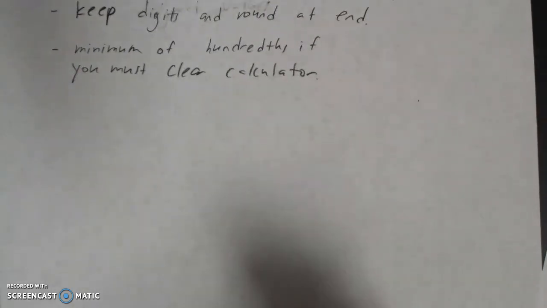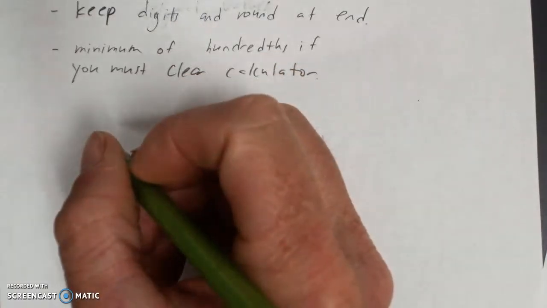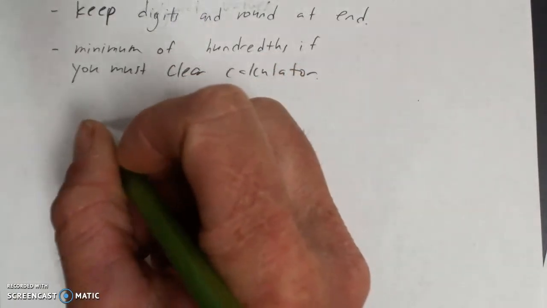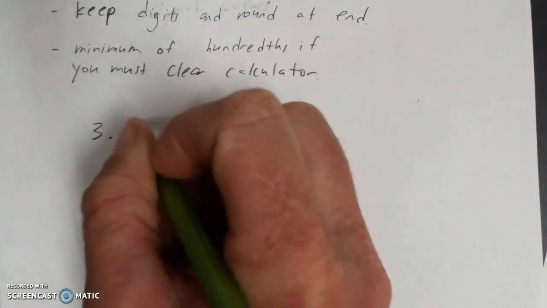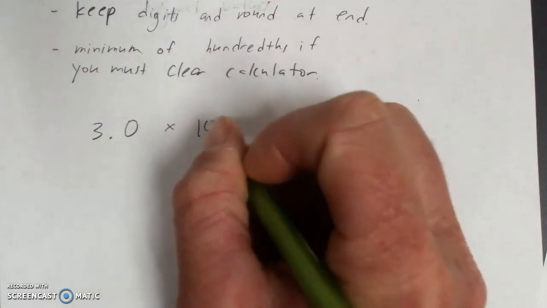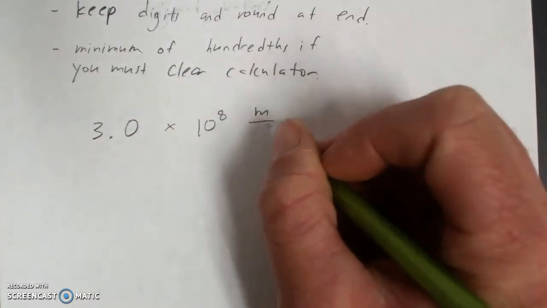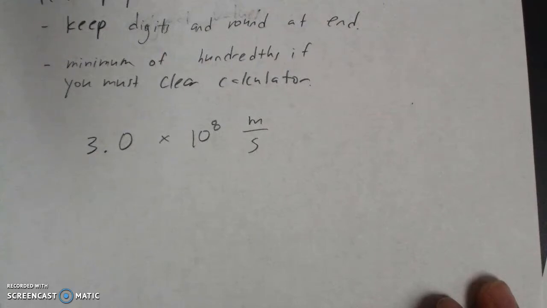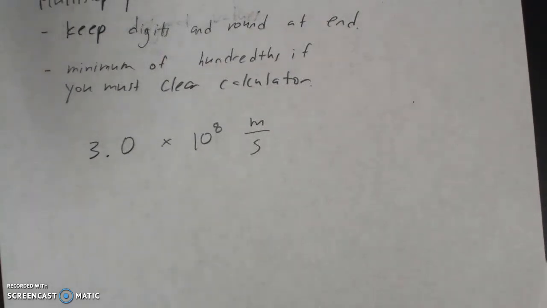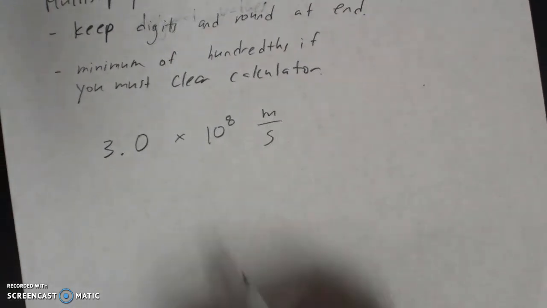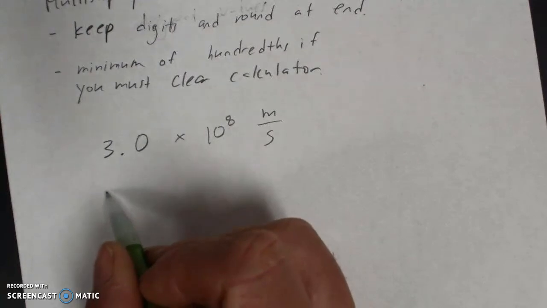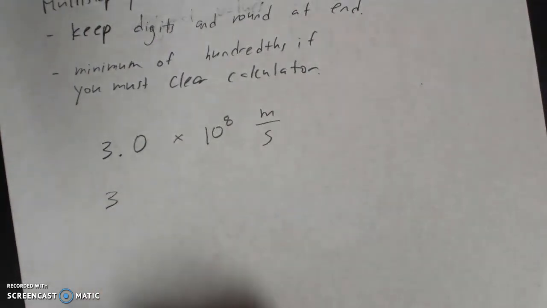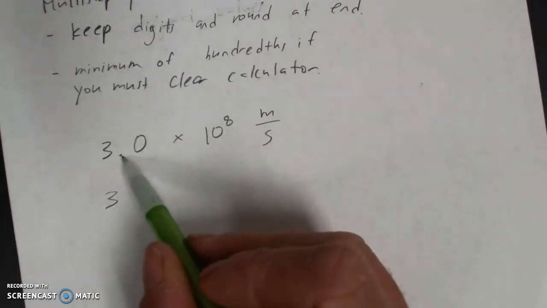Scientific notation. A number that we might see a lot in this class is the speed of light, or 3.0 times 10 to the 8th meters per second. What is that number actually when we write it out? Well, I start by writing the 3 down, and then I'm at the decimal point.